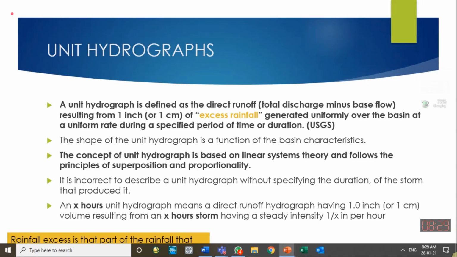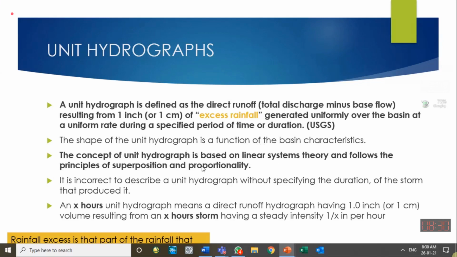They say to estimate your base flow yourself, because base flow is a small component of the total runoff. So we assume it if we don't have the hydrographs. If we have the hydrographs, we can estimate it from the bottom part of the hydrograph.